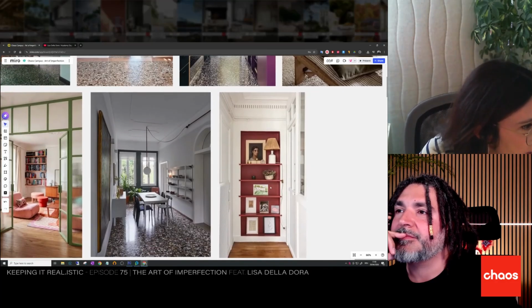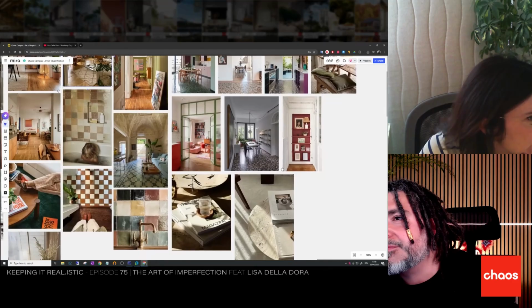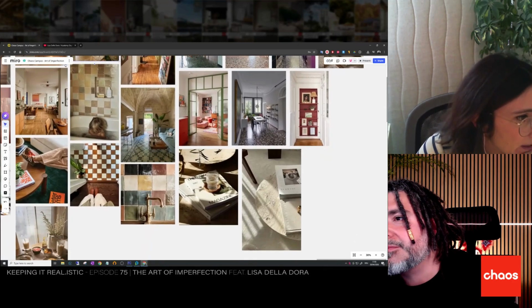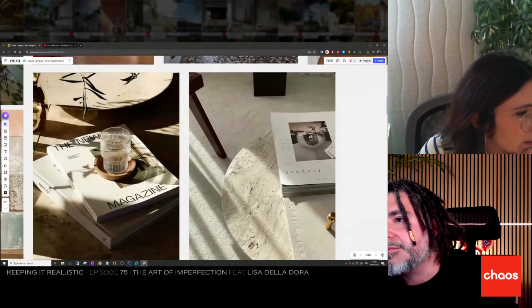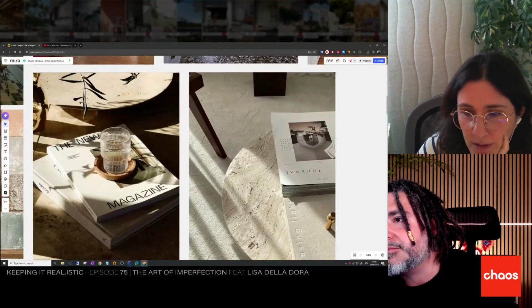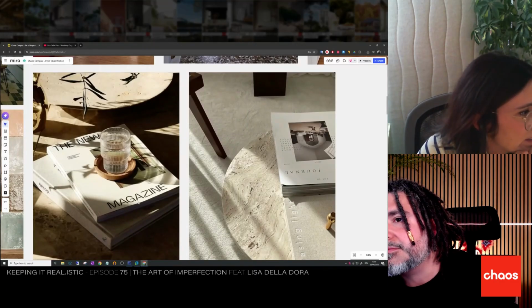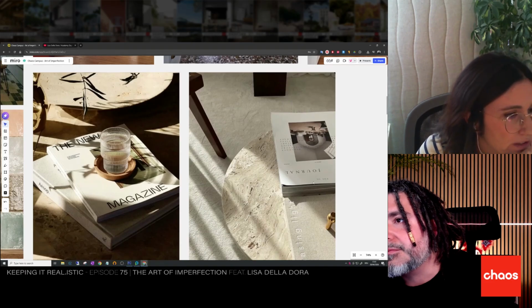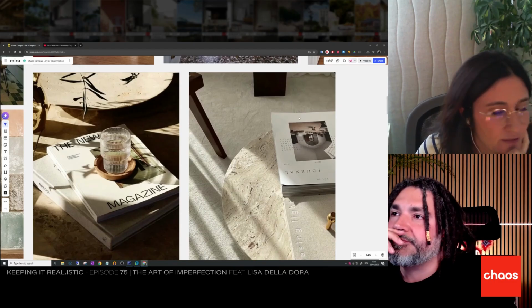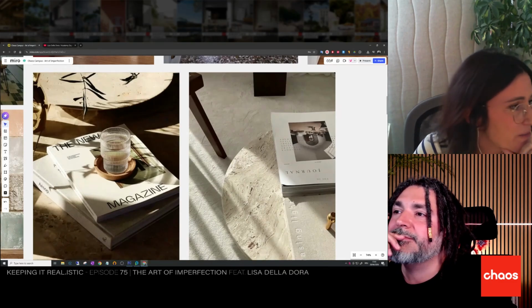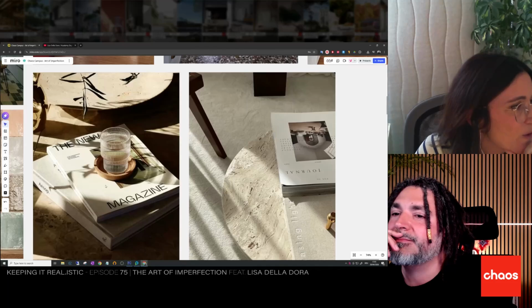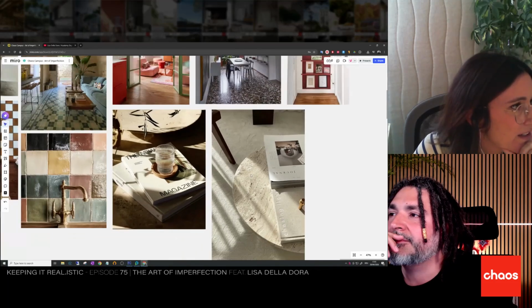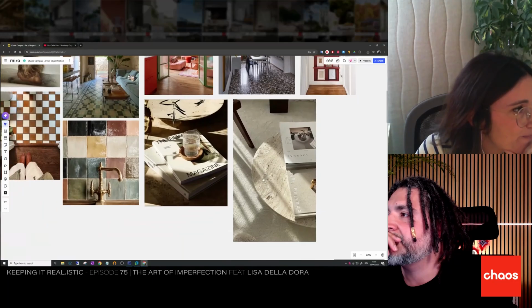And something that I liked in one of those images, for example, when you put a magazine or a book, a book is a little bit different, but a magazine, look at this. It's never straight. As soon as you open it, it will never lay flat ever again in its life. So adding this kind of noise on top is very nice.